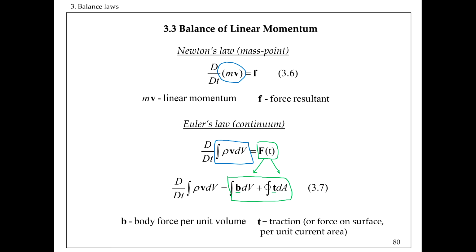Now, once we formulated this linear momentum balance in an integral form, similar to what we did for the mass conservation law, we would like to localize this formulation and write it locally without the integrals.